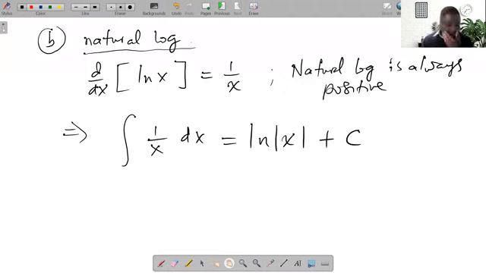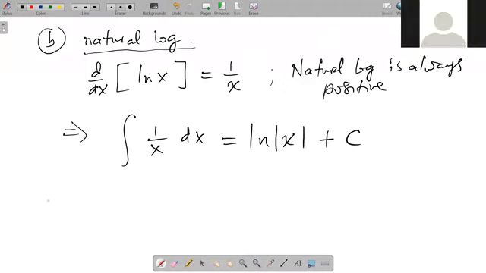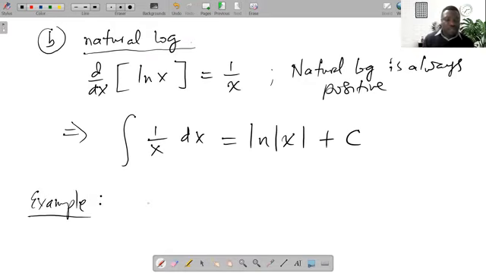Are we good? Yes. So, for example, if I ask you to solve this very simple one, let's say just the integral of 5 over x dx, you should be able to do this easily.